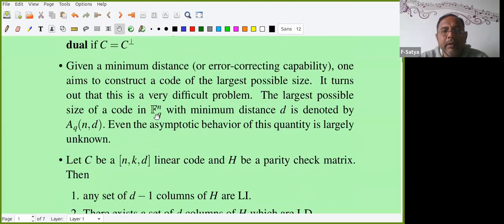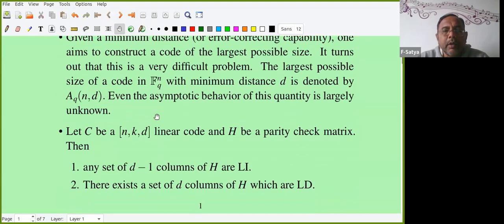And the last one I want to recall for you: suppose you have an [n, k, d] linear code C with a parity check matrix. If d is the distance of the code, then any d minus 1 columns of it are linearly independent, and there exists a set of d columns which are linearly dependent.